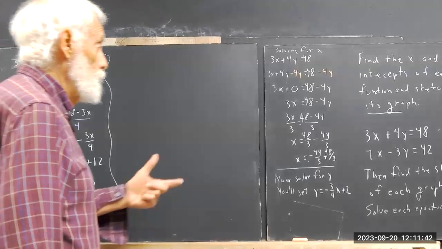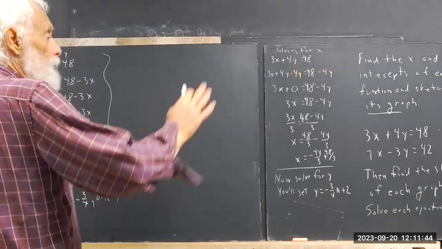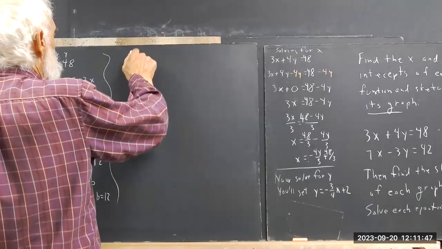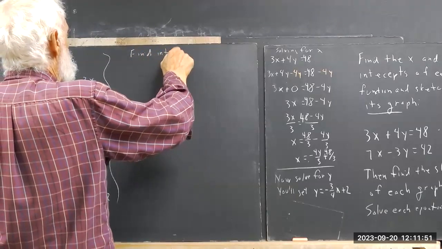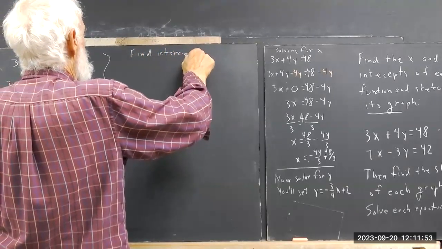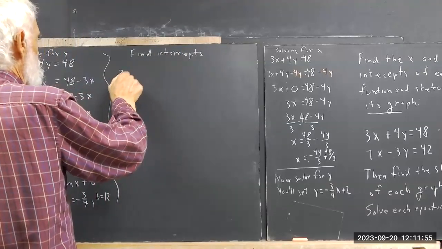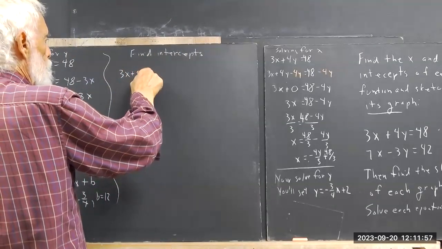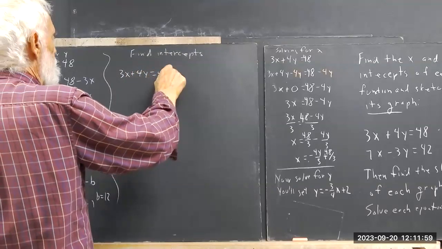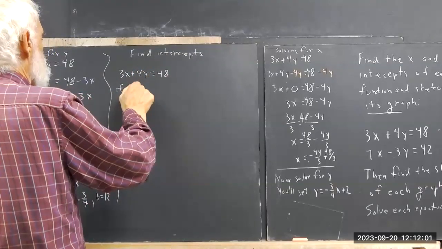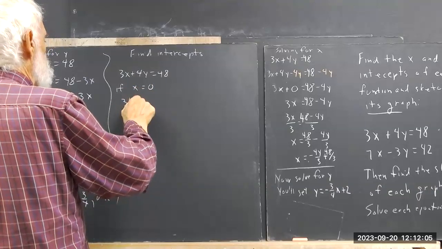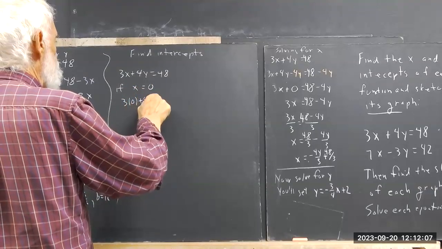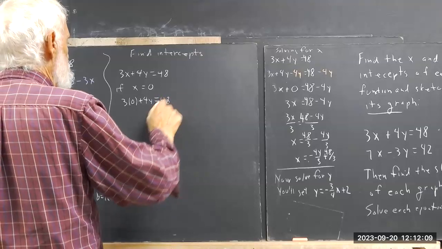Now, another thing we could do with this is we can find the intercepts. We have 3x plus 4y equals 48. If x equals 0, then 3 times 0 plus 4y equals 48.